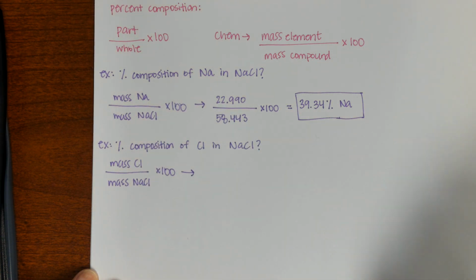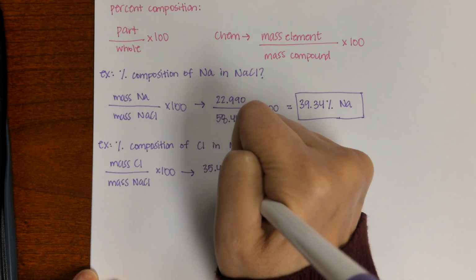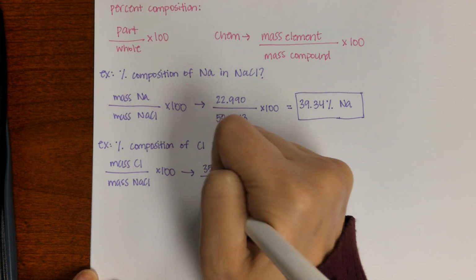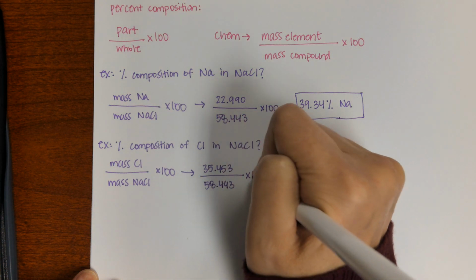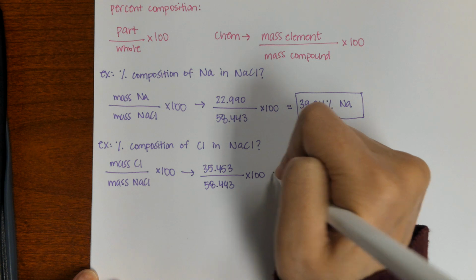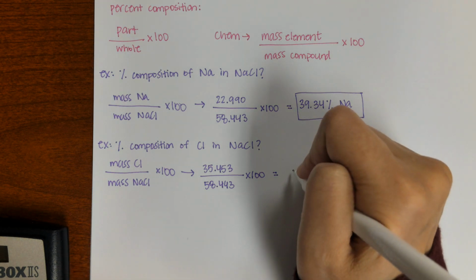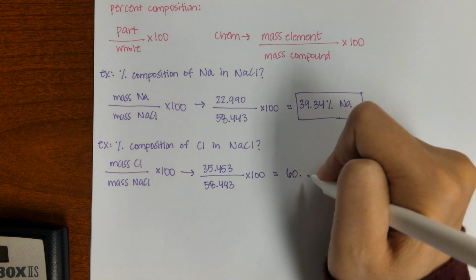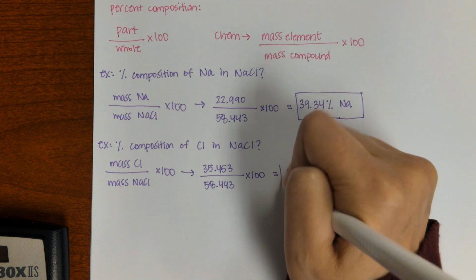So my mass of chlorine is 35.453 divided by our compound mass, 58.443, times 100 equals 60.66%.